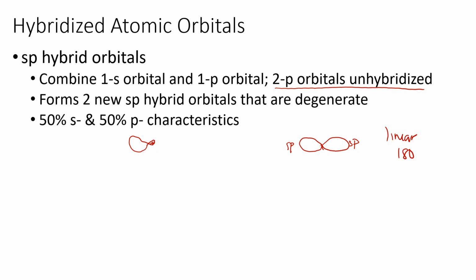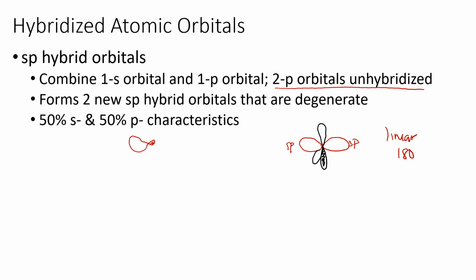We do still have those two unhybridized p orbitals that are still there, and they do have to be in a different plane. So since I have put the sp orbitals on the x plane, I can put a p orbital on the y plane, and again this is going to be a p orbital, so I'm going to shade in one side and I'm going to leave one side unshaded to recognize this is a p orbital, not a hybrid orbital.